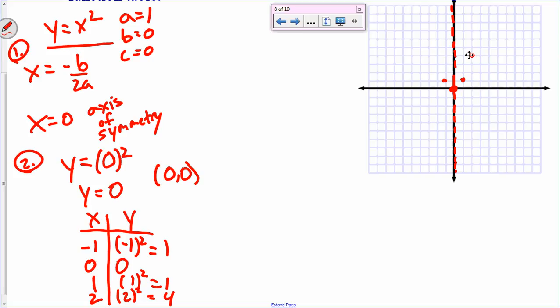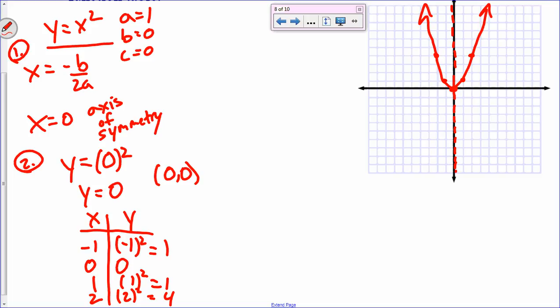Then, to use our axis of symmetry, we plotted the point 2, 4. If we go left of our vertex 2 to negative 2, there should also be a point at 4. That's how you can use the axis of symmetry and its properties to help you graph a little easier.